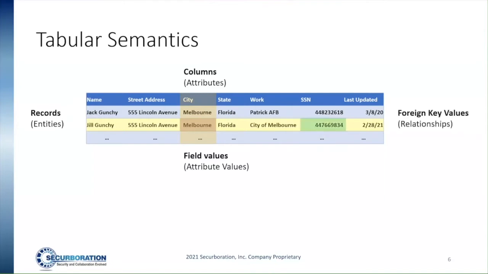There are also things like foreign key values, which are relationships to other tables, which have information about those entities. One thing you want to point out about these database structures is that not only is it implicit, we assume that Melbourne, Florida is the address of Jill Gunchi, but sometimes we actually overload these structures with more meaning.